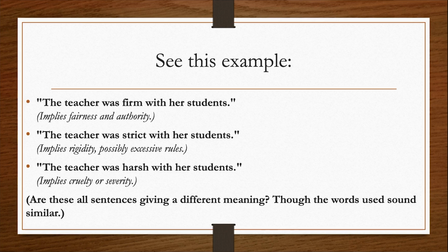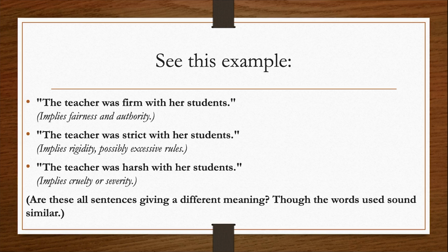The first sentence, the teacher was firm with her students. Now, this implies a fair level of authority. The teacher was strict with her students, that is, it implies rigidity and possibly excessive rules. The third, the teacher was harsh with her students.